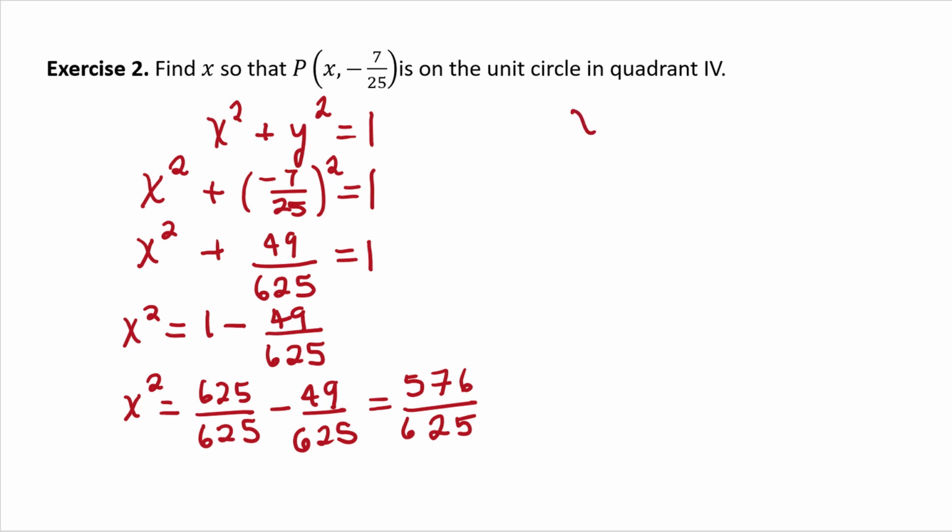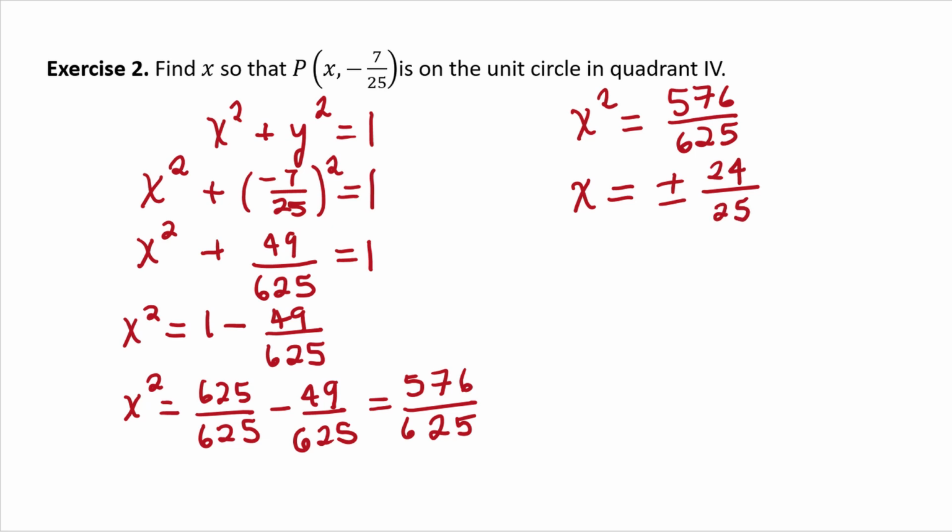So now we have that x squared is equal to 576 divided by 625. In order to solve for this, the root property tells you you're going to have plus or minus. The square root of 576 is 24, divided by the square root of 625, which is just 25.